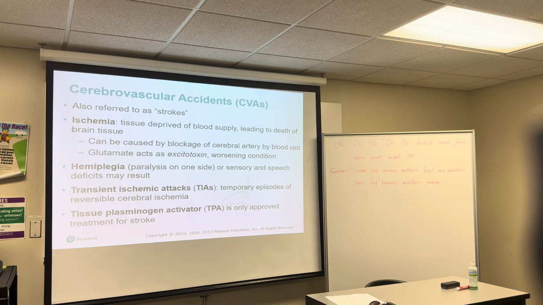Glutamate acts as an excitotoxin, worsening the condition. Hemiplegia, paralysis on one side, or sensory and speech deficits may result. Transient ischemic attack is a temporary episode of reversible cerebral ischemia, and tissue plasminogen activator is the only approved treatment for stroke.